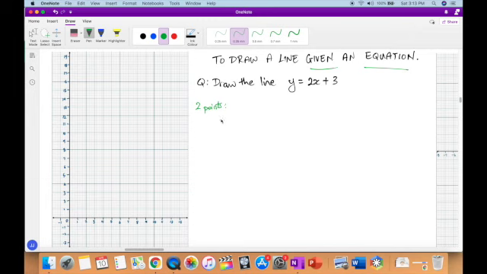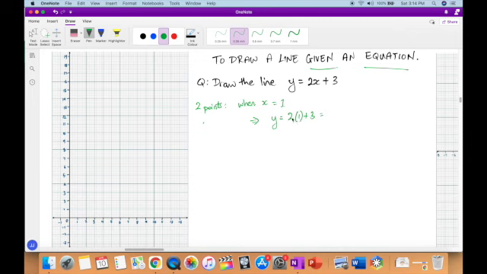So let's start off with the first point when x equals 1, right? So when x equals 1, this implies that y is equal to 2, and I'll take this 1 and put it wherever x is. So that's 2 multiplied by x, which is 1, and then plus 3, right?